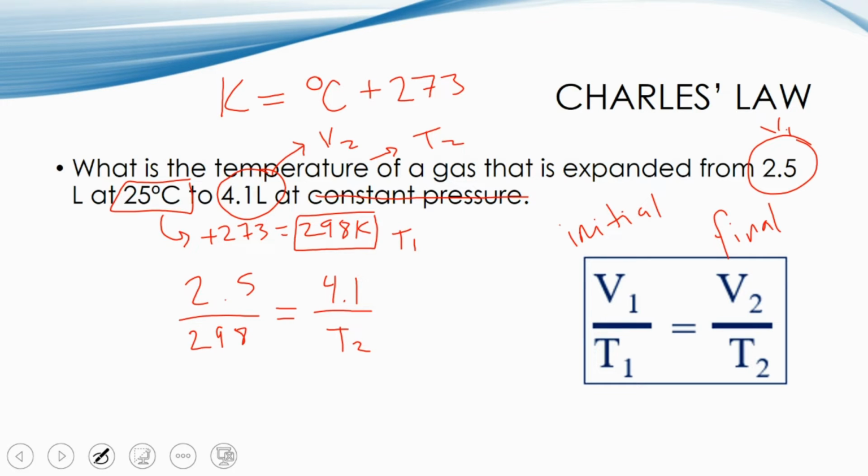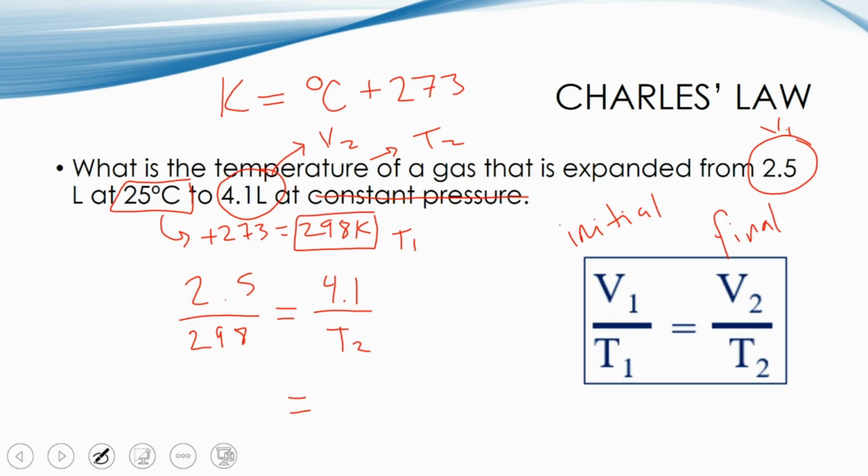So at this point, you have a fraction that you can use cross multiplication on, and honestly, that's the easiest thing. So what we will do here is 4.1 times 298, that answer divided by 2.5. The same way you are taught in math classes to do cross multiplication, that's exactly what you're doing here.